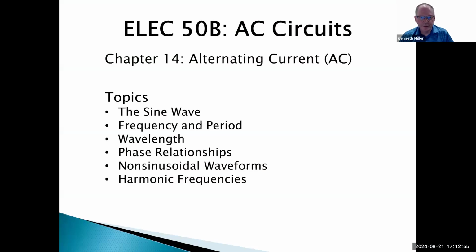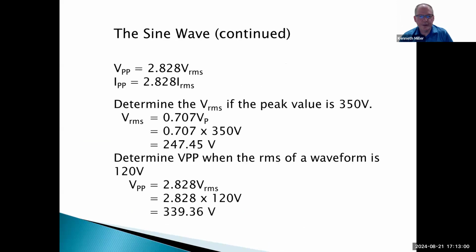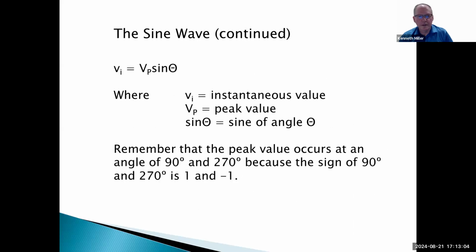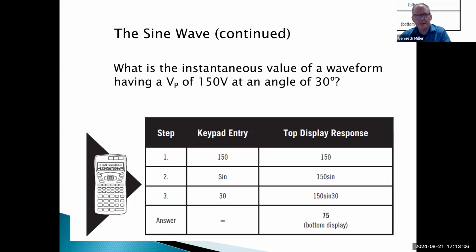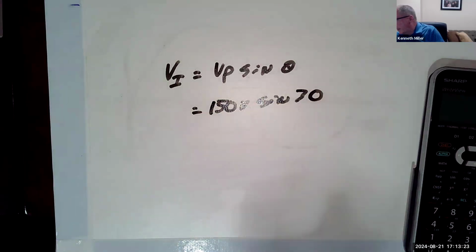Should have written this down first. Slide 25. So the VP is 150 sine of 30, right? All right, so it's VP times sine of theta.